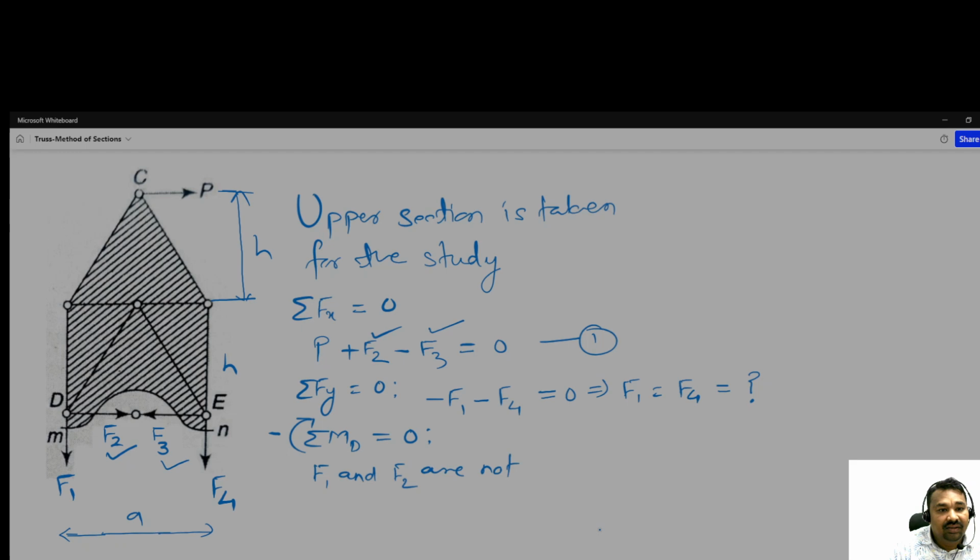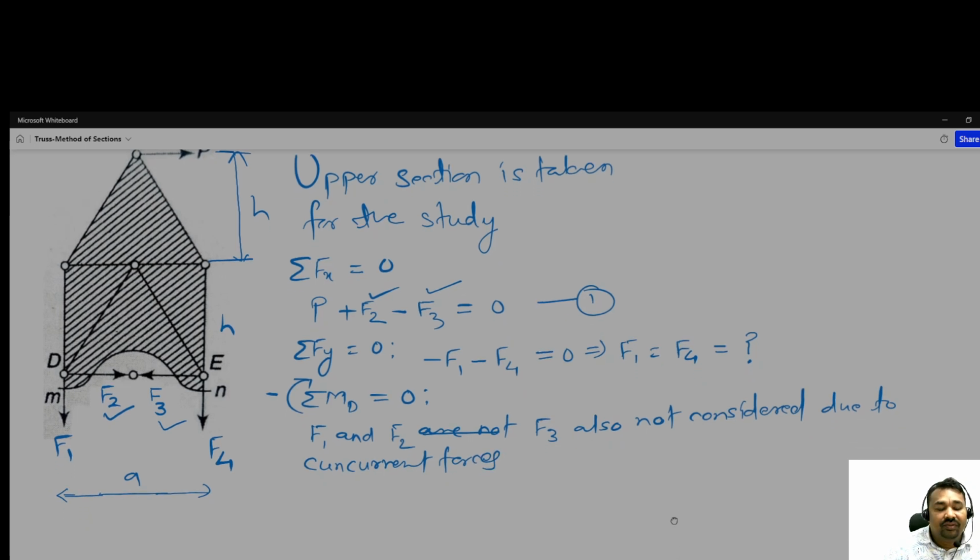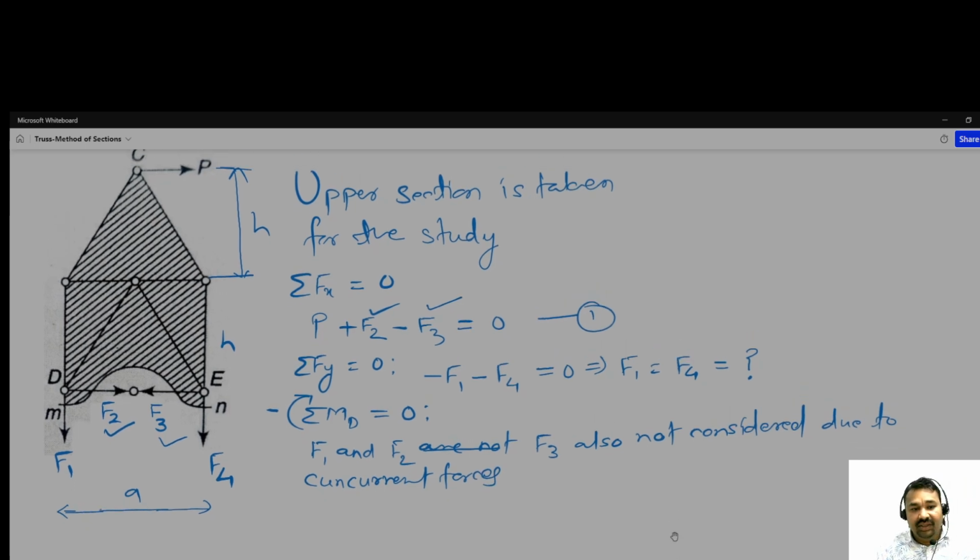Even F3 is also not considered, due to concurrent forces. Okay, so what is considered only?